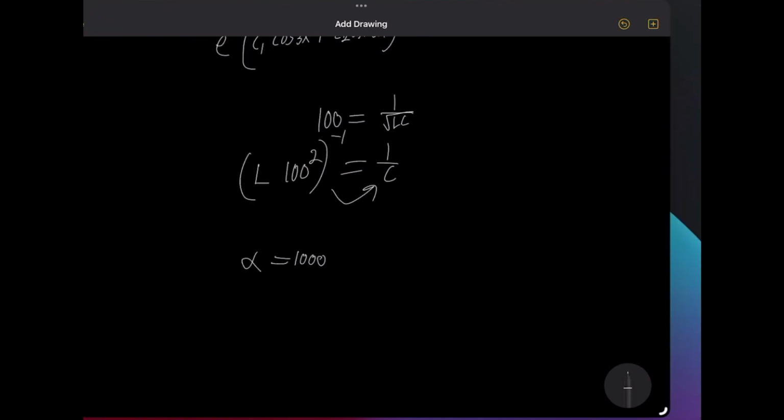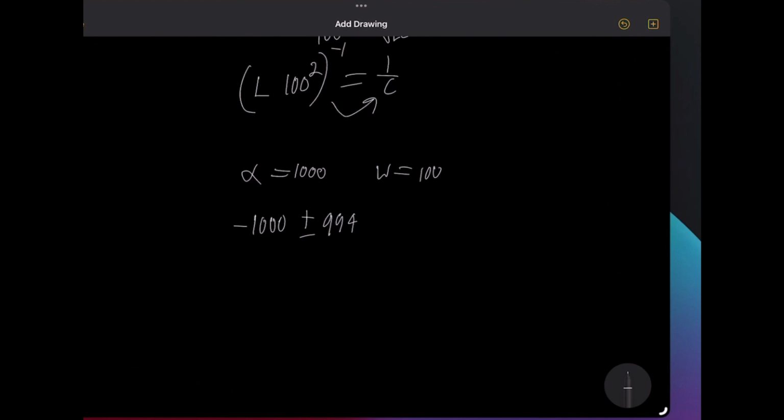Okay. And then when we solve for C and plug it back in for alpha, we get alpha as 1,000, and we get the resonant frequency as 100 still. So under the square root, we're going to get 994 plus or minus negative 1,000.